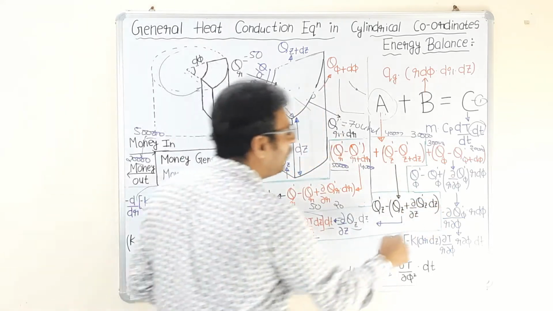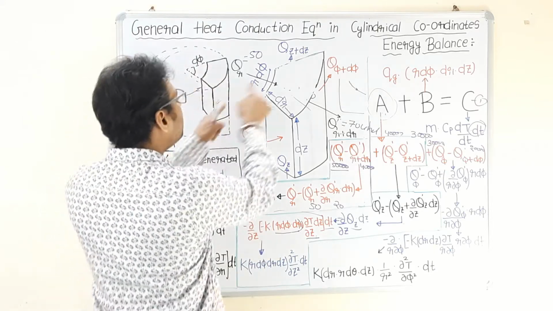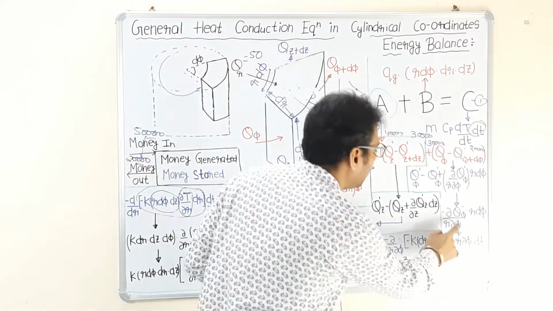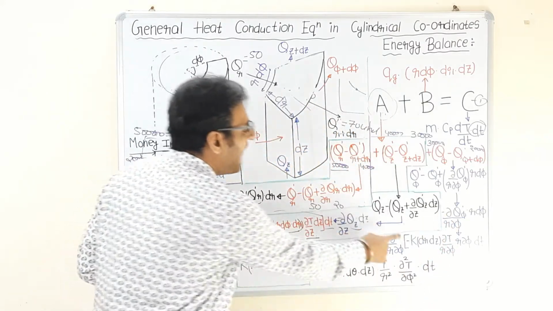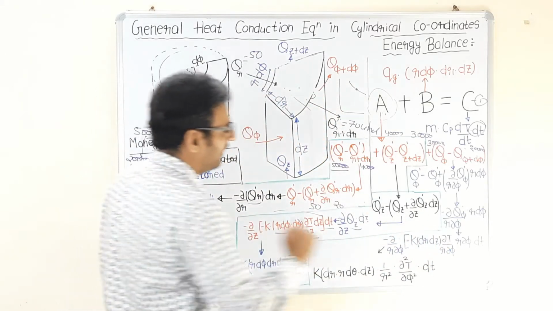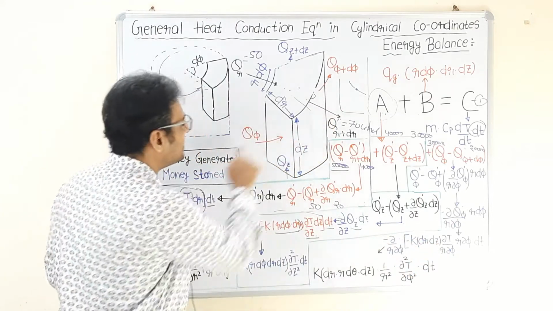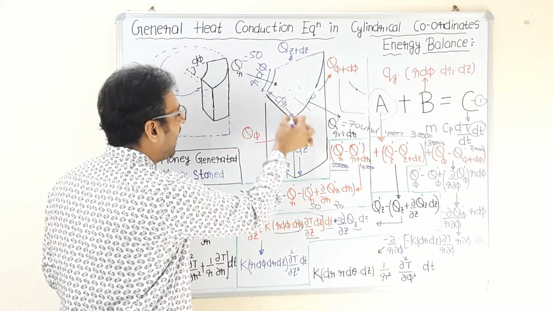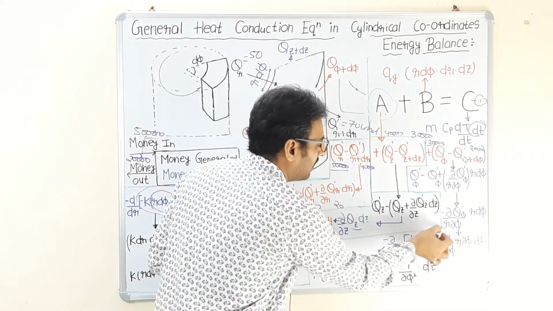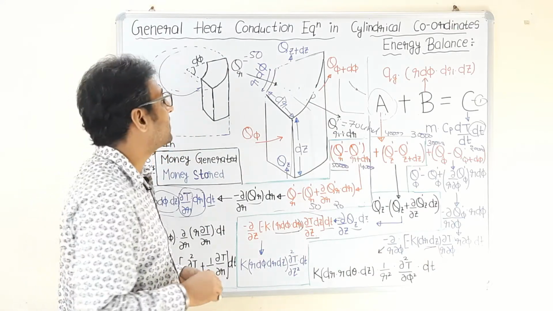Now the value of q_φ, which is the heat transfer rate in the tangential direction, can be written as minus kA dT upon r dφ, because the area perpendicular to the heat flow direction in the tangential direction is dr into dz, and ∂T/(r ∂φ) is the temperature gradient in the direction of heat flow.